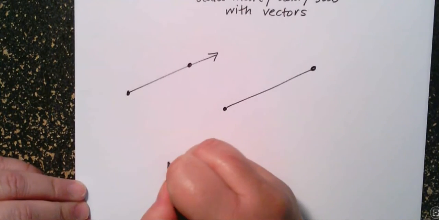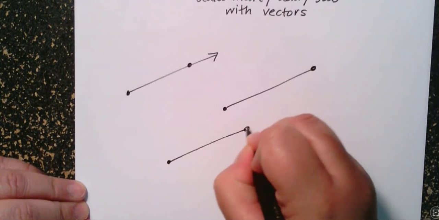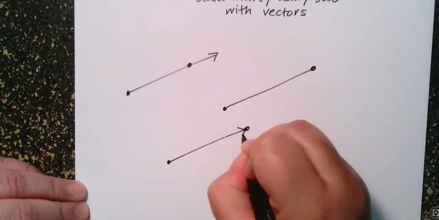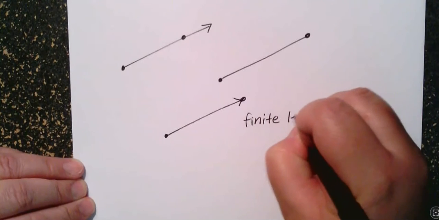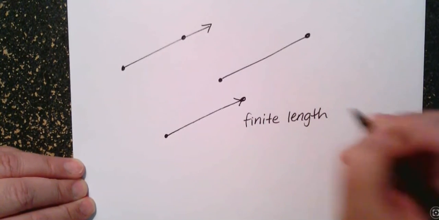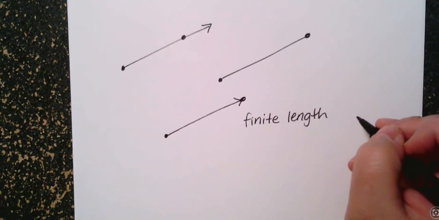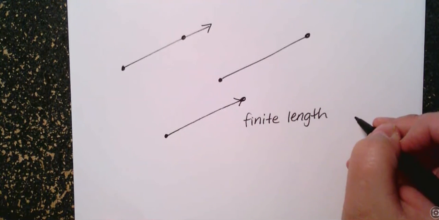A vector goes from a starting point to a stopping point. It has a finite length, and we very often use that particular length. The length, whatever the length is, represents a certain quantity associated with our problem. It could represent a force. It could represent a weight. It could represent a wind speed.